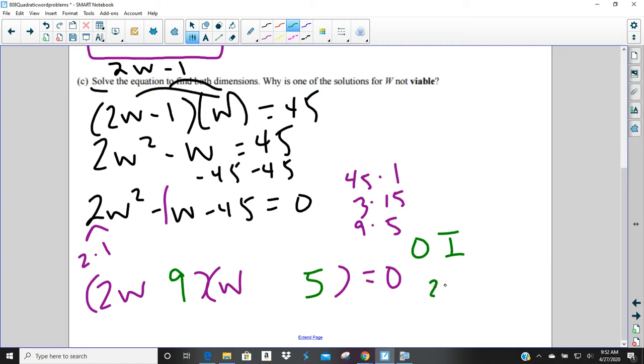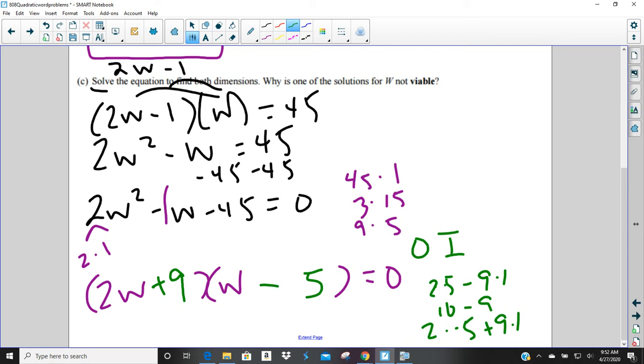I do 2 times 5, which is 10. And I do minus 9 times 1, which is minus 9. So it's not going to be 5 and negative 9. It's going to be 2 times negative 5, and plus 9 times 1. So I'm going to add the 9 here, and I'm going to subtract the 5 there.